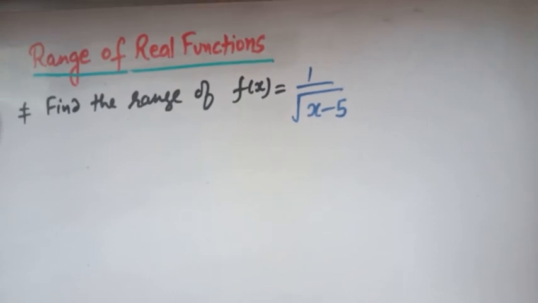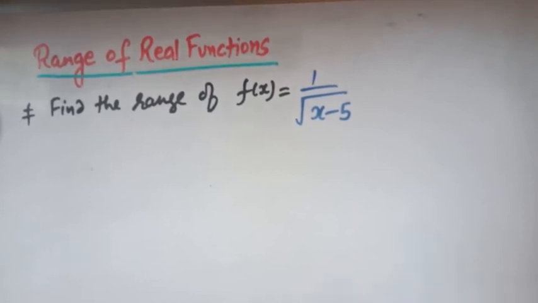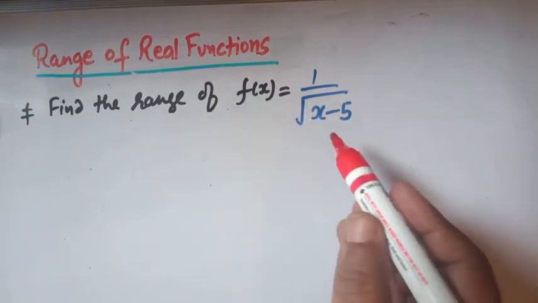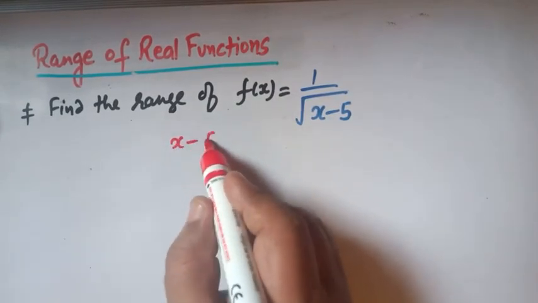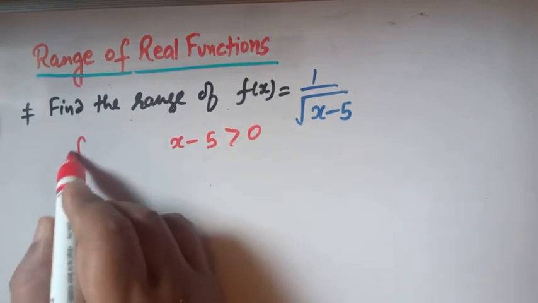Viewers, now I am taking the last example of this discussion, and this is find the range of f(x) is equal to 1 over square root of (x minus 5). So obviously for the domain of this function f(x), x minus 5 must be greater than 0. Clear?